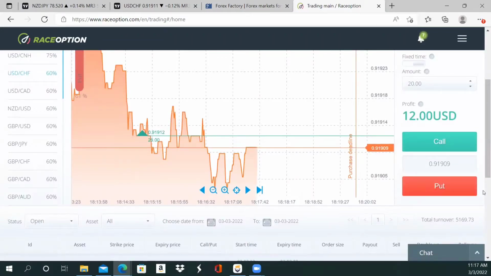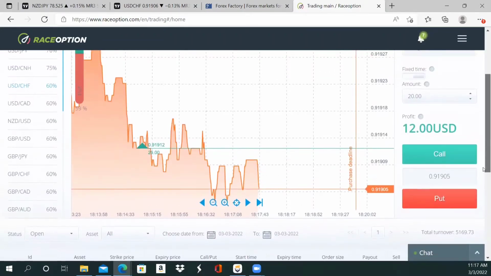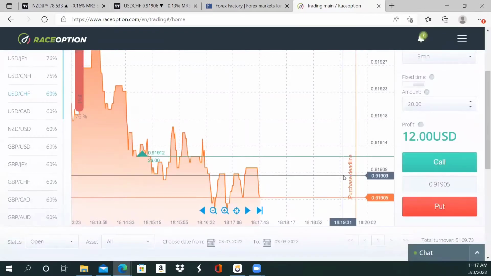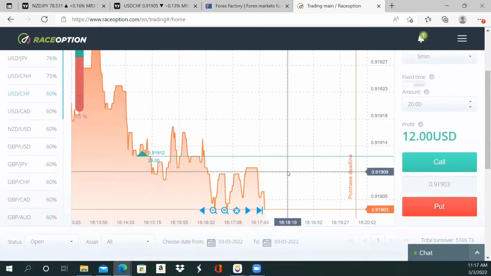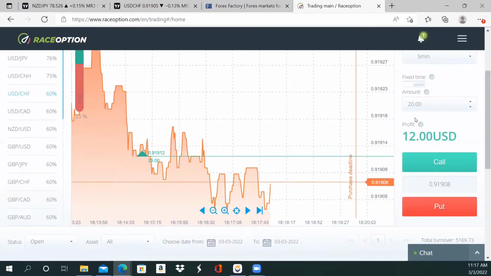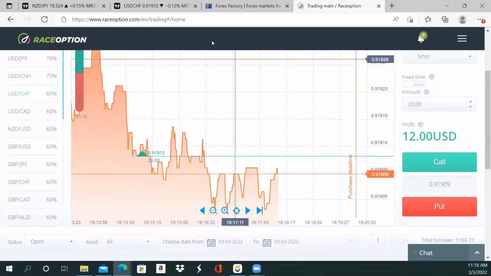Turnover just means the trades you took, whether they won or lost, that's going to dictate how much turnover you get. So if you did a $20 trade and you lost it, that's $20 of turnover. If you would have won that trade, whatever the payout is, so this one, it's $12. So that's $32 of turnover. If you would win that trade, that would go to your turnover amount.